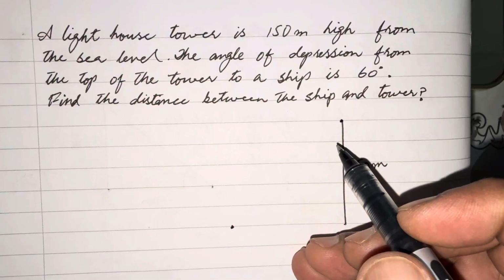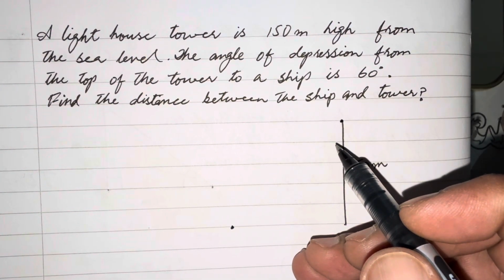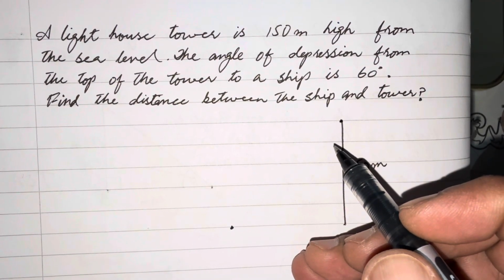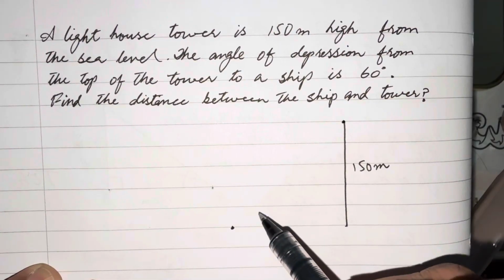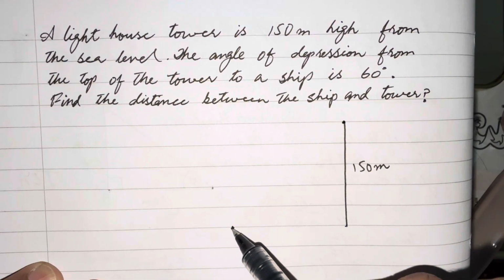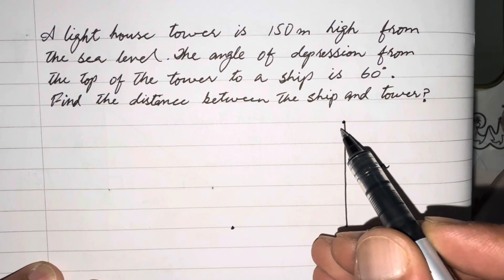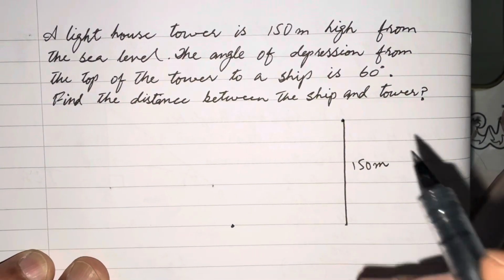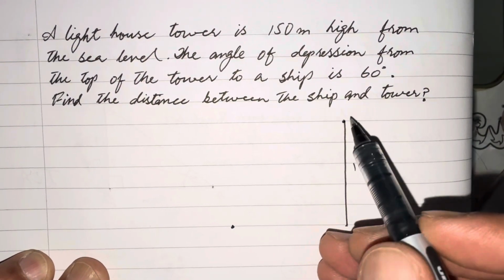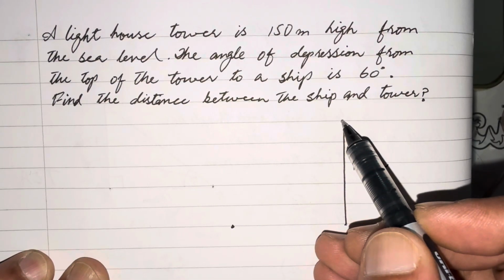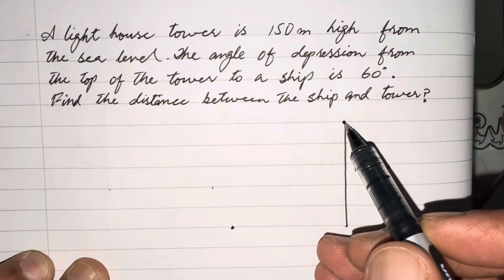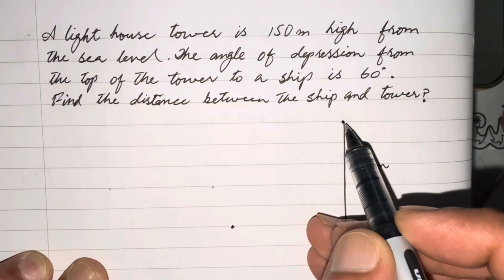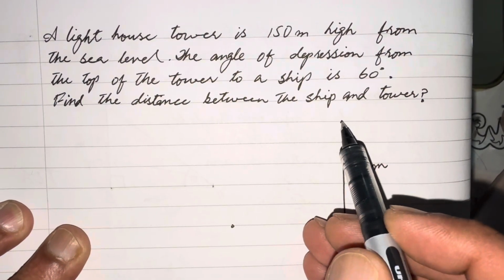Angle of depression: in our last videos we have learned about the angle of elevation. The angle of elevation is the kind of angle that is made from the bottom to the height, and the angle of depression is made from the top to the bottom. So if the top of the lighthouse tower makes an angle of depression of 60 degrees to the ship, that angle will be made at the top of the tower.